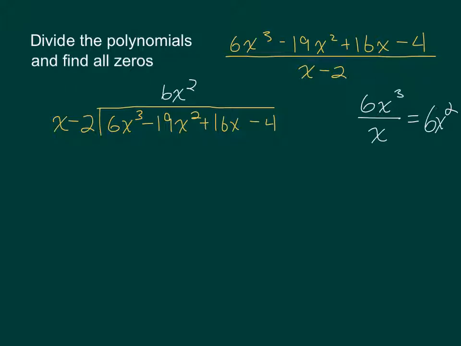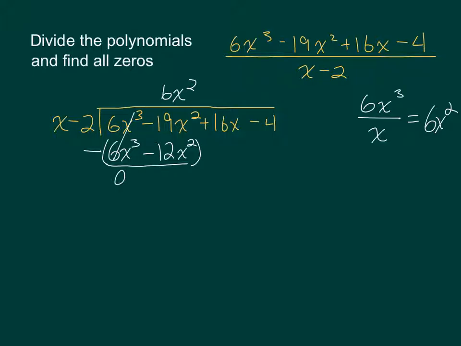Then we distribute this 6x squared to each term here, and when you do that, you get 6x cubed minus 12x squared. We will subtract these two things from the current dividend to create a new dividend. 6x cubed minus 6x cubed reduces away to 0.